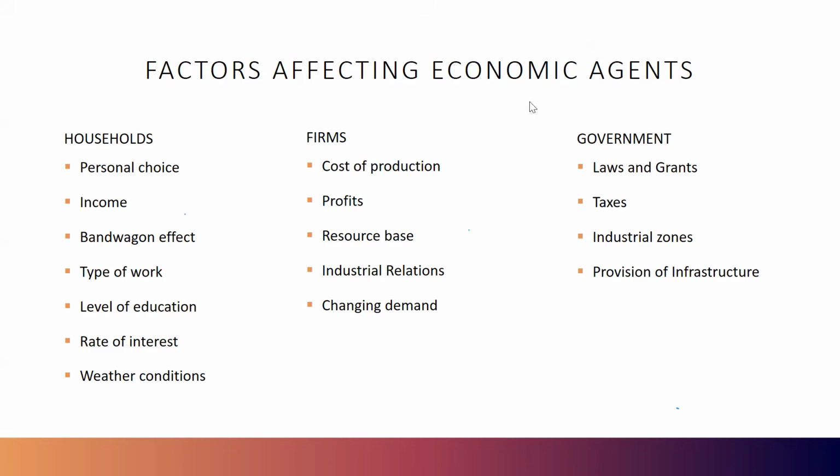And then when it comes to the government, we look at how the government influences these households and firms by preparing laws and policies that they have to follow and adhere to, and by giving grants.